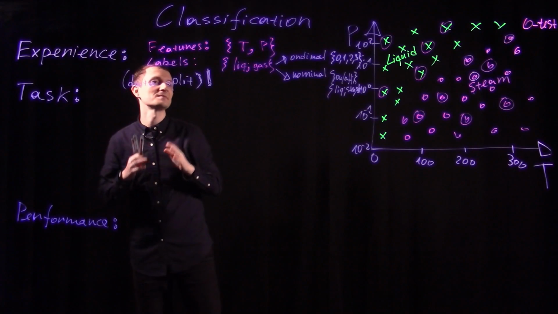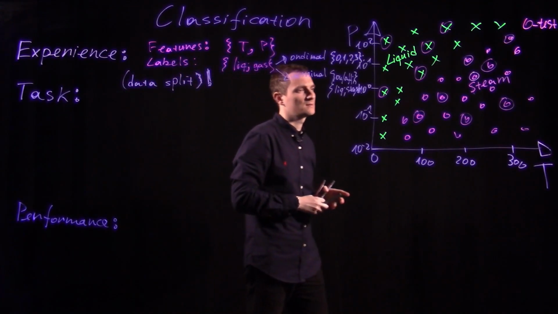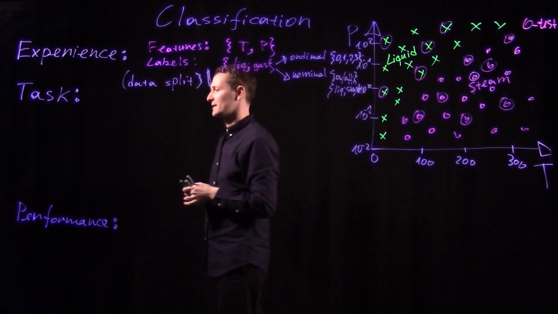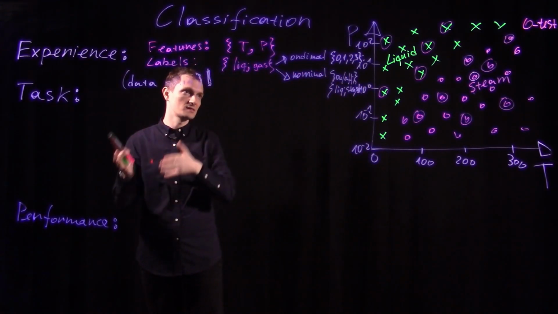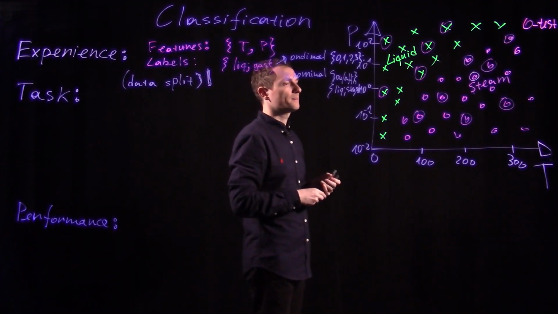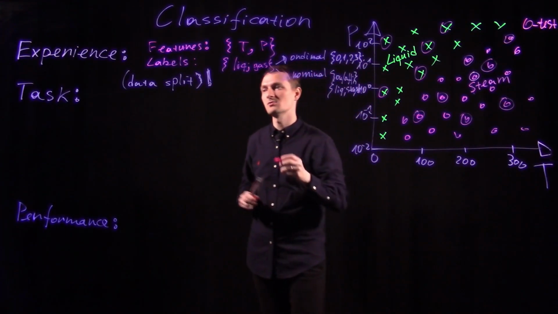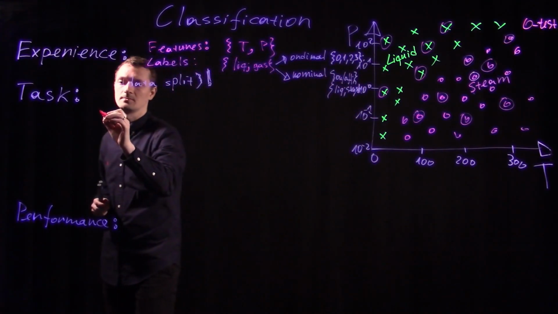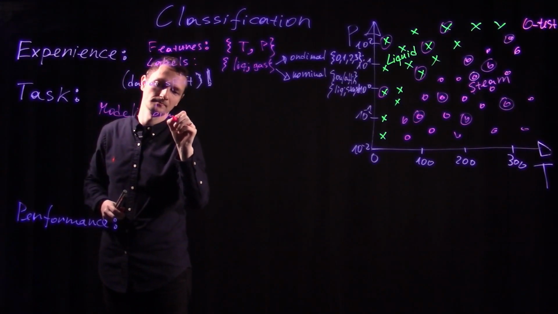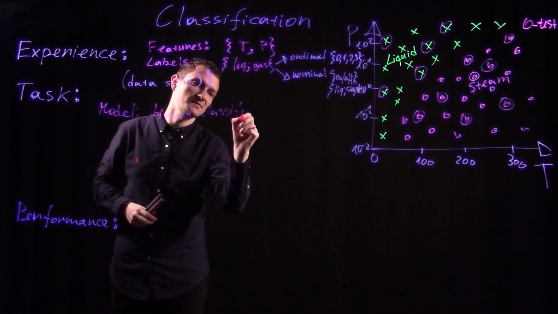So we finished this experience. We have our data. Let's talk about the task. So in this case, we need to predict a class, whether it's liquid or steam. And for this problem, we will use so-called binary classification model, or binary classifier.